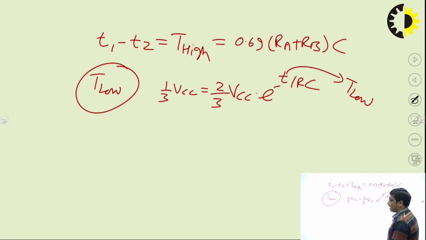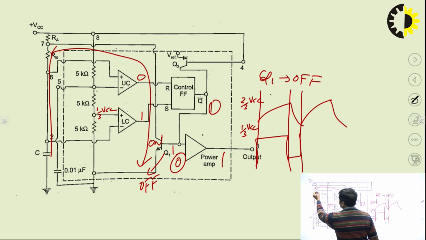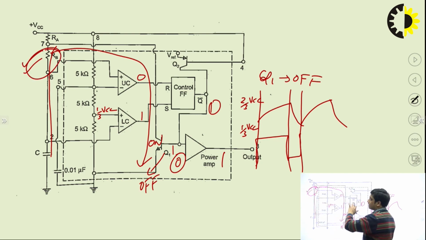And we have seen that the capacitor is getting discharged with the help of resistor RB only. Come to the circuit, you can see that this capacitor is getting discharged with the help of this resistor RB only. There is no RA involved in it, because when this Q1 transistor is on, the capacitor is getting discharged with the help of RB and this Q1 transistor.